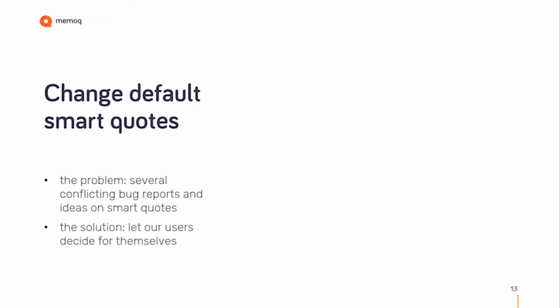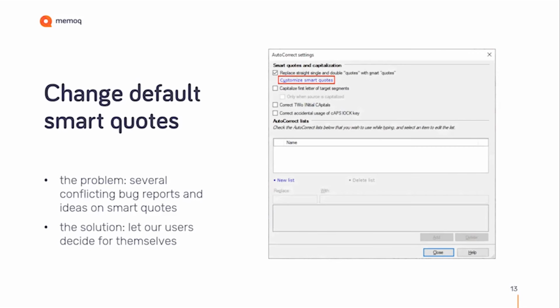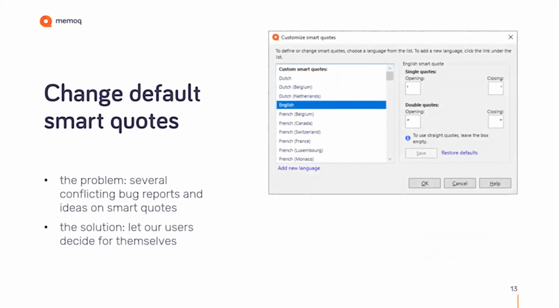what in their native language or in the language of their proficiency they believe the correct smart quotes are. So what we did was we introduced just a tiny little option here on the autocorrect settings dialog. It's called Customize Smart Quotes. If you click on it, you will see this new dialog where you can select the languages that already have custom smart quotes defined.